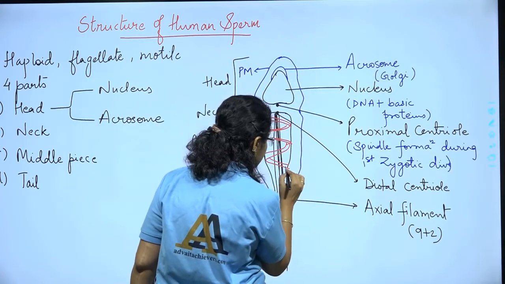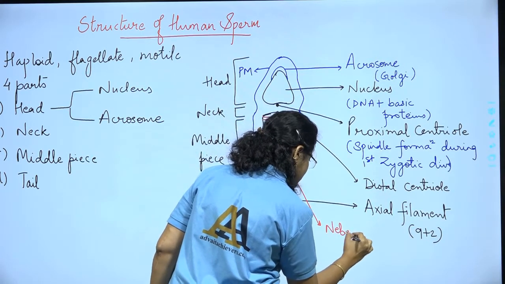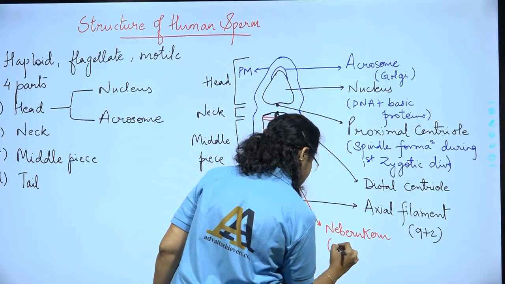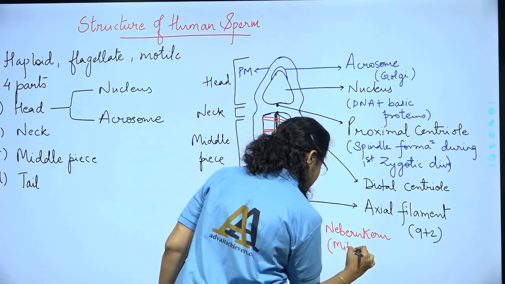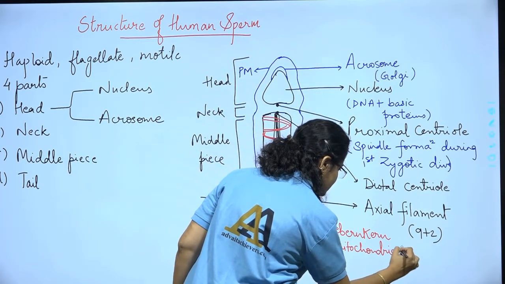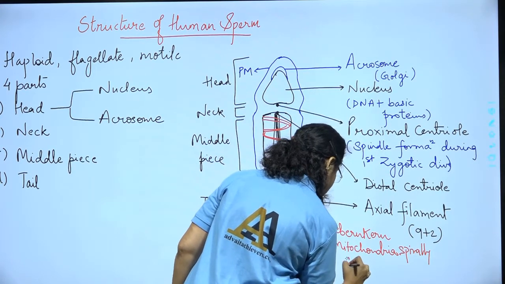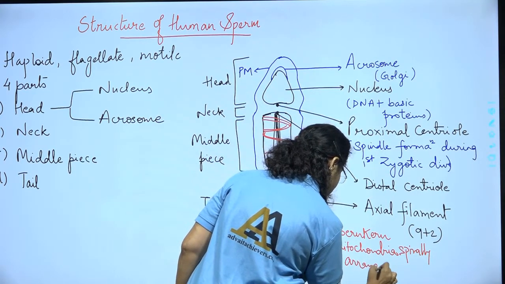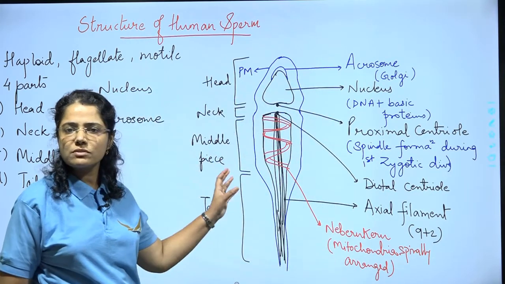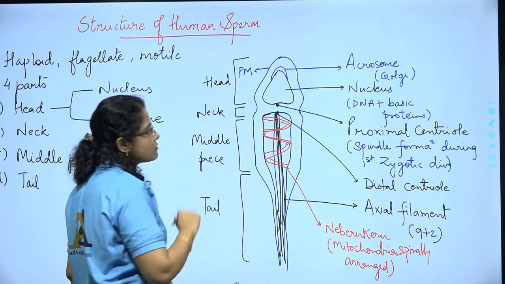So we will label that over here. Right, this is also clear. That was present in the middle piece area, correct, and then forms the tail.